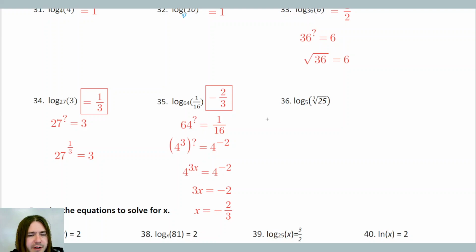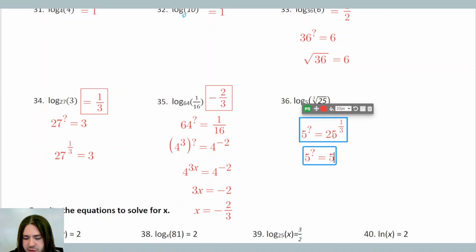36, a similar deal here, where it's not super obvious. 5 to what power is equal to... I'm going to rewrite this right away and say 25 to the 1/3 power, when you take a cube root like that. I'm going to approach it similarly to number 35, which is to say 5 to some power, that's going to be the solution here, is equal to, now 25 is 5 squared, right?